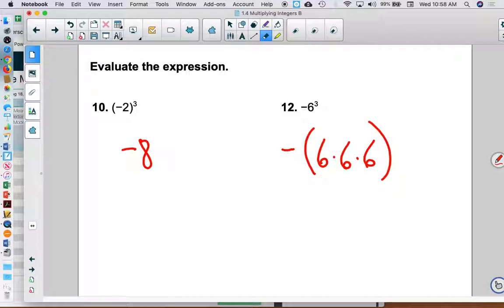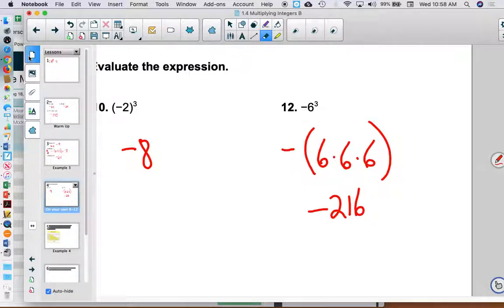And 6 times 6 times 6 was what? 216. And keep the negative. Okay? Anytime it's written like this, you apply the negative after you do whatever it says to the number. Okay?